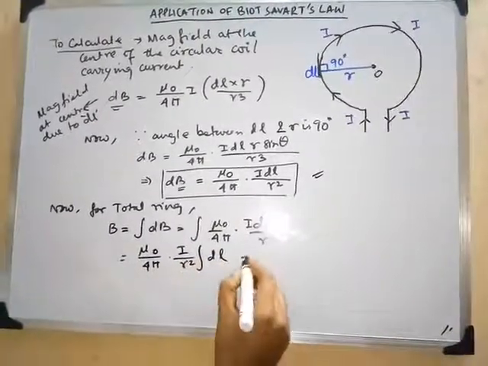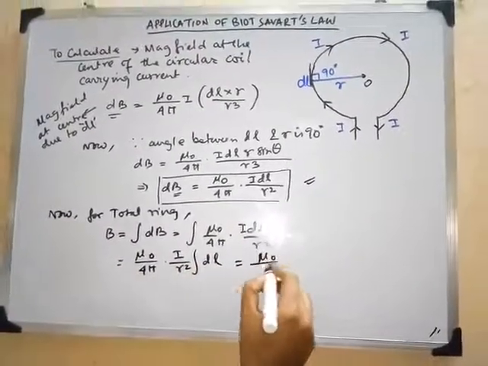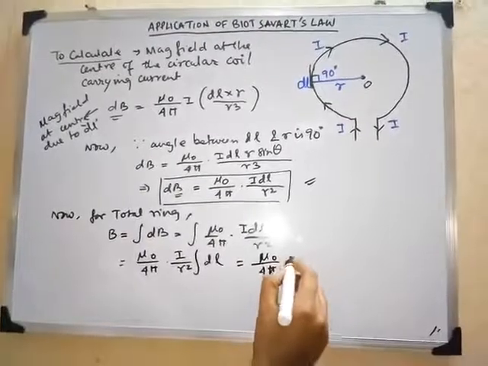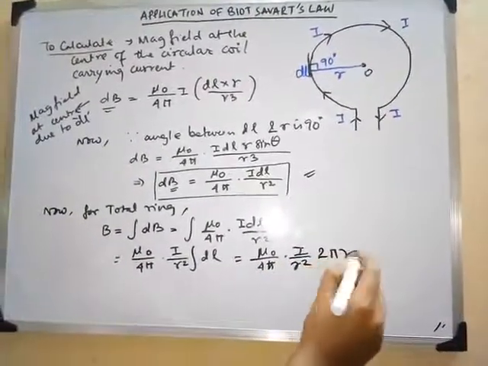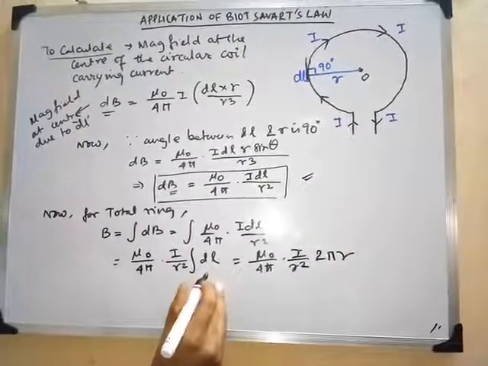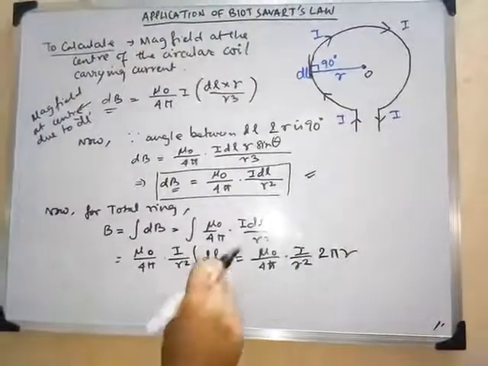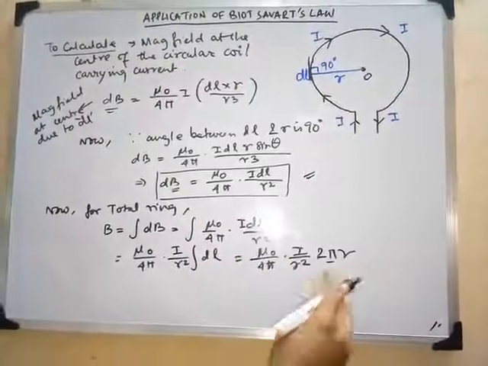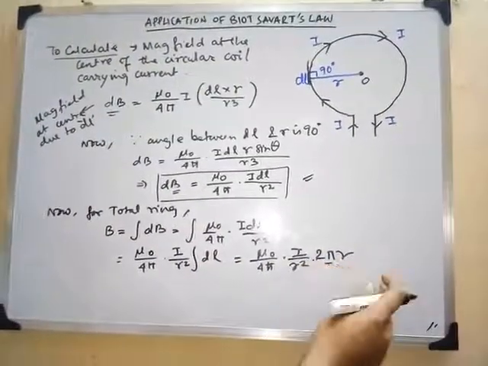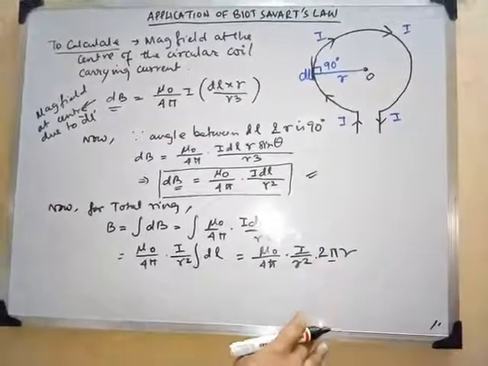So this will be equal to mu naught by 4 pi into I by r square into 2 pi r, because dl is a small section of the circle. So if we integrate over the total circle, we will get the circumference of the circle. The formula for the circumference of a circle is 2 pi r, right?